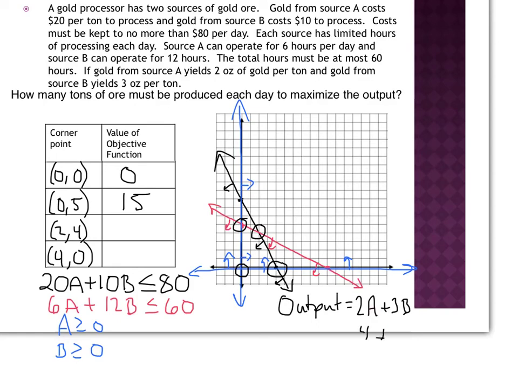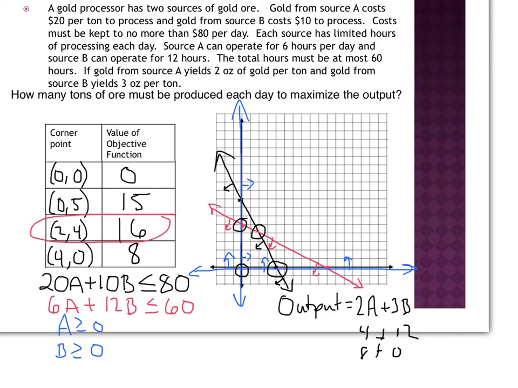If I plug in 4 for B, that's 12. That gives me 16. Ooh, there's the highest one so far. Let's see. If I plug in 4, 0, I'm going to get 8 plus 0 gives me 8. So it looks like my maximum output will be 2 from source A and 4 from source B.